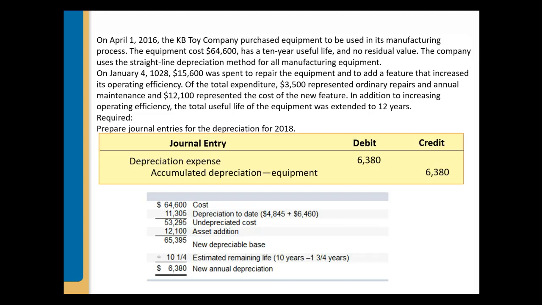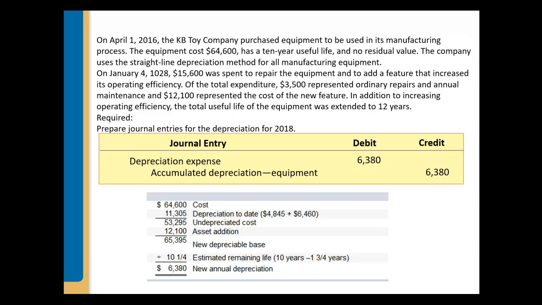Then the journal entries for depreciation in 2018. So we've added some to equipment, and we also need to be aware that we've extended the useful life from 10 years to 12 years. So we need to figure out the basis to date. We take the original cost minus the depreciation for 2 years to give us the undepreciated cost, add that asset addition of $12,100 to come up with a new depreciation base.